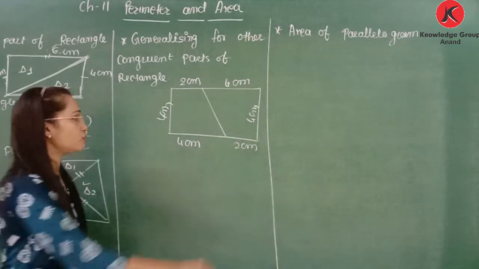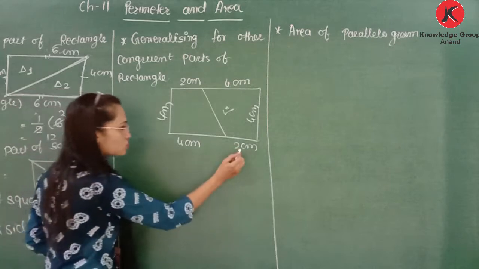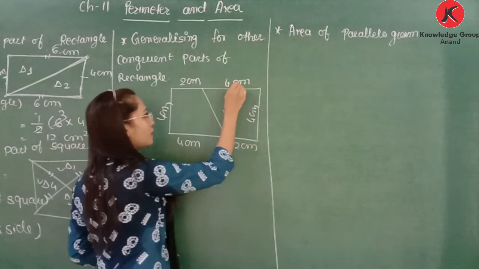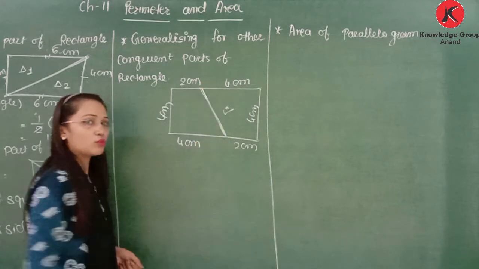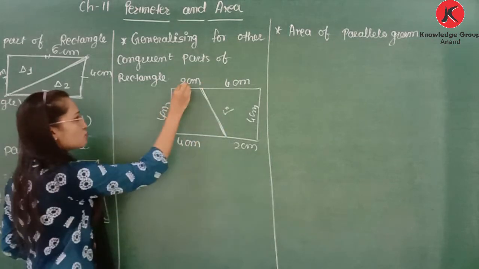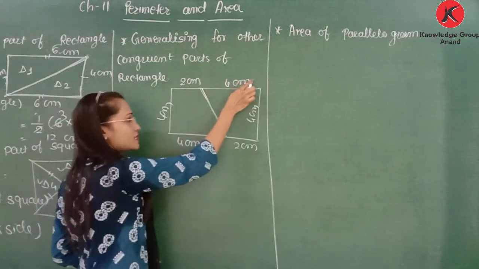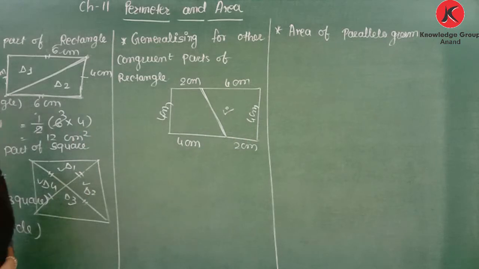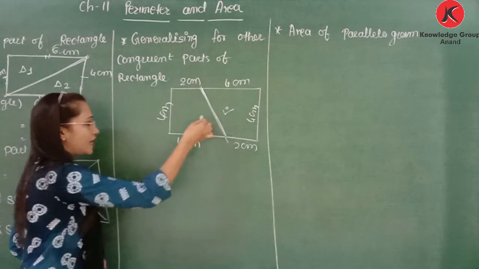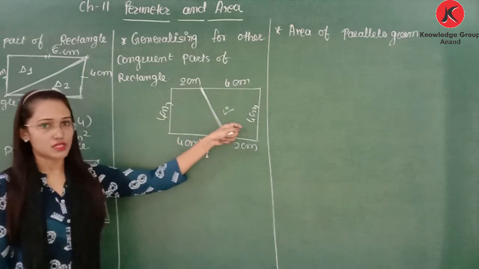Now here, if you consider this part, then what is the length of the sides? 2 centimeter, 4 centimeter and 4 centimeter. This is the common side, so it is already same for both parts. This is 2 centimeter, it is same as this part. 4 centimeter, that is same as this part, and 4 centimeter, that is same as the opposite part. This is the common side, means length will be same. So these two parts are congruent, means they are same.